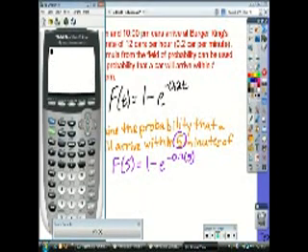Clear that. Okay, so this is going to be 1 minus e, which is going to be second in the natural log button.